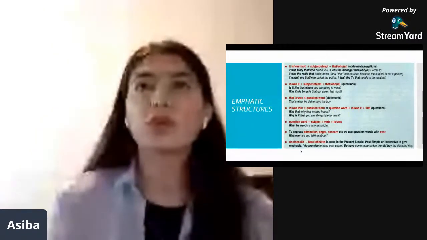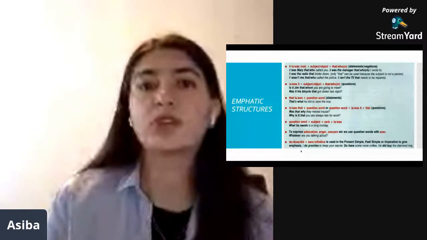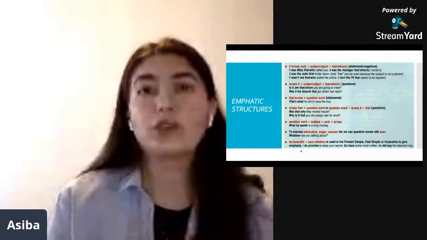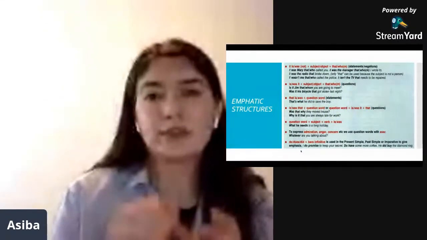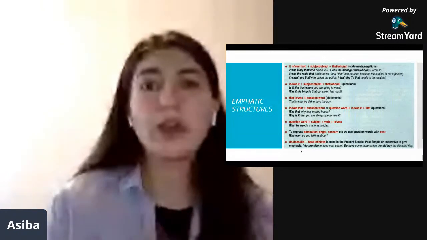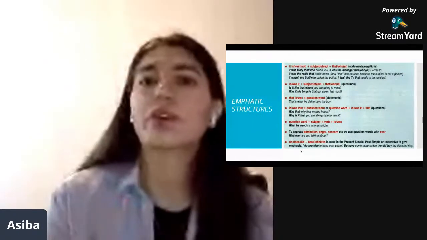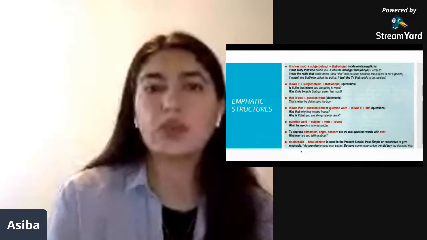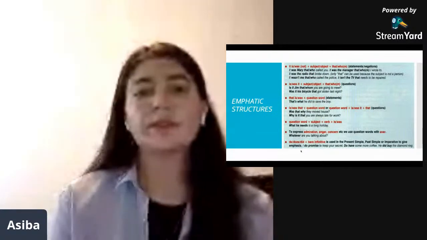But when you want to show that you really want to keep the secret and you will really do it, you can use the verb do as an extra verb, as an emphasizing structure. So, I do promise to keep your secret, or I did promise her to keep the secret. You can use both again, present or past.